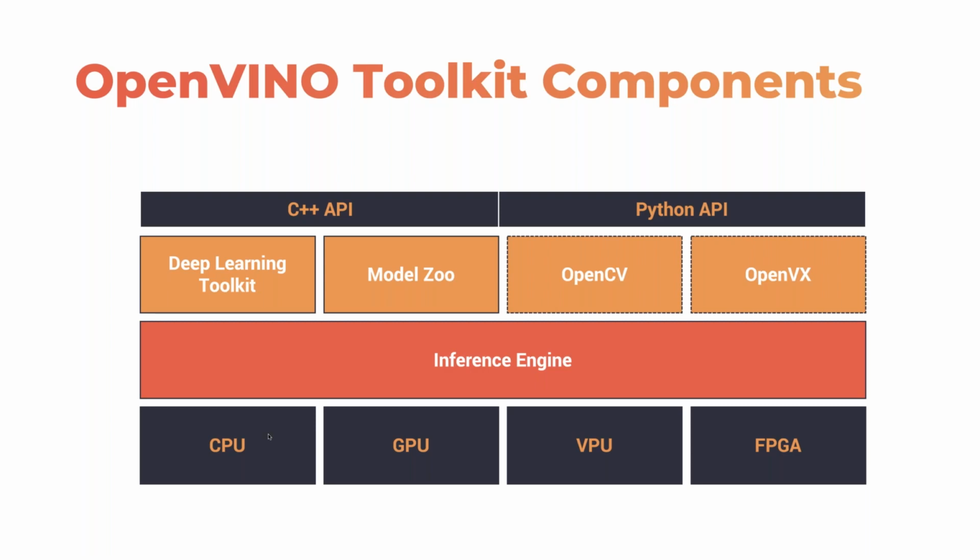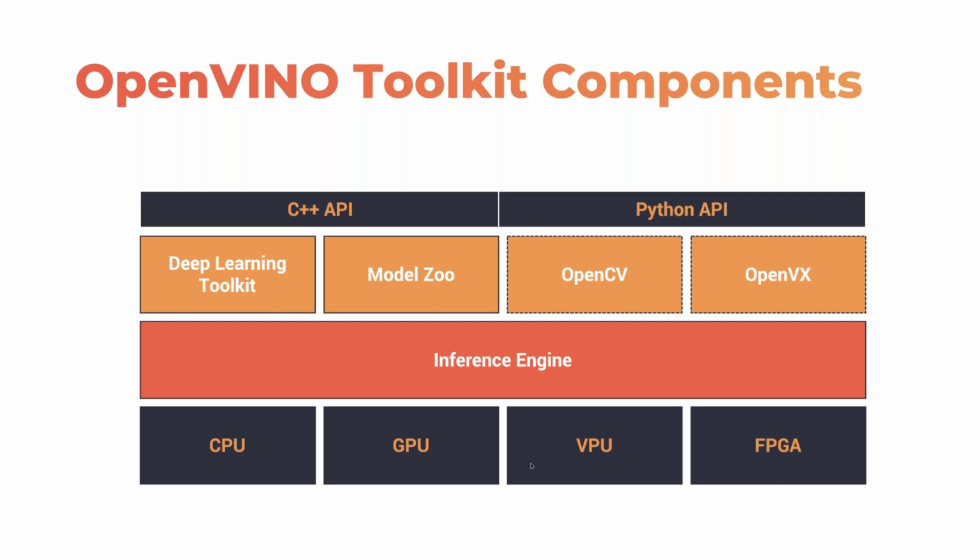CPU is obviously the core of the entire platform. Then we have a discrete GPU, which is nothing but an Intel graphics card. A VPU, a vision processing unit, that comes in the form of a Movidius neural compute stick or a Myriad X VPU that can be plugged into the PCIe slot, or an FPGA, which is something like an Intel Arria, which is a purpose-built processor for accelerating AI, both for training as well as inferencing.